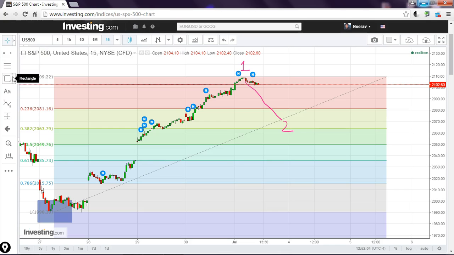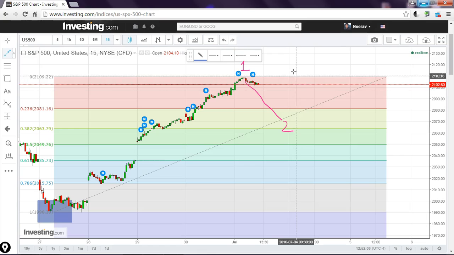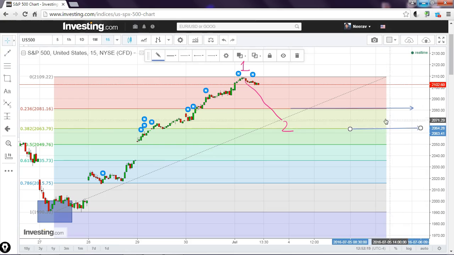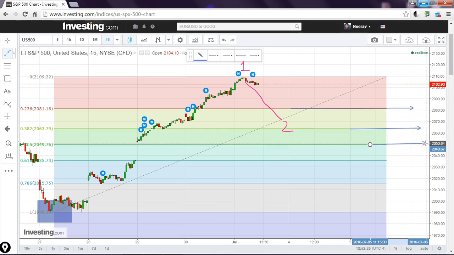Let me mark them right away using the arrow tool. So we will mark these numbers. This is the first one, 0.236. Then we have the 0.382. Then we have the 50% level, and the last one, the 0.618 level, that we will look at.